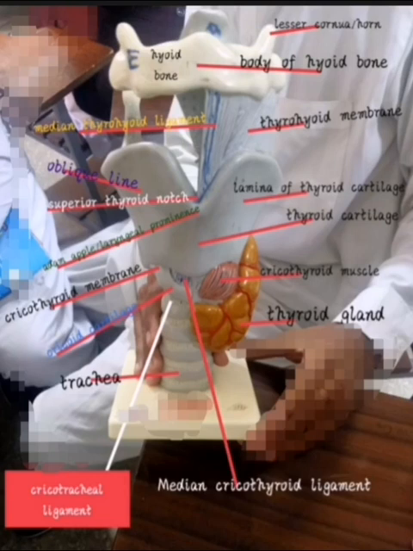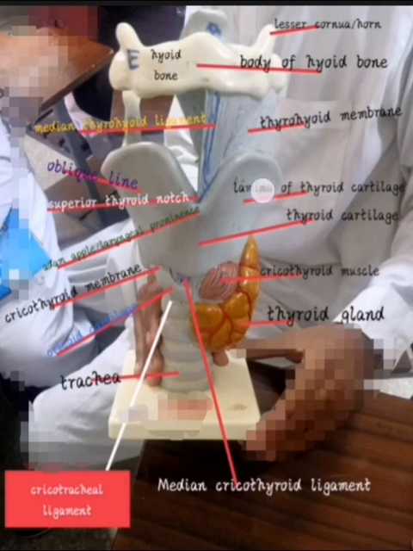Other than that, on the thyroid cartilage, you will see, not very clear in this picture, some elevated structure that looks like a line. That is known as the oblique line, present bilaterally. So two oblique lines you can see if you have a model in your college. There you will see these oblique lines.